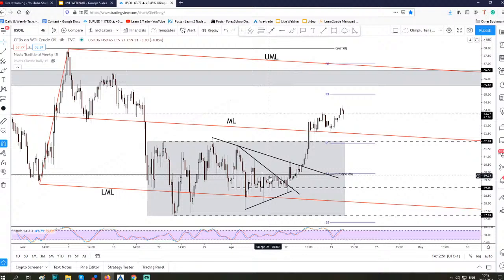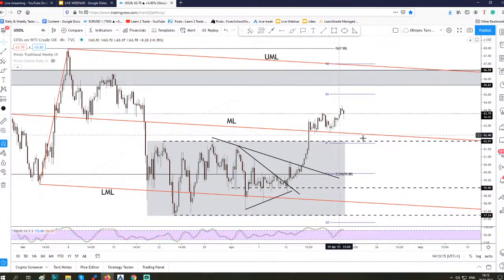But here, this breakout above this minor downtrend line signaled that we may have a further increase. It has escaped from this range. It has jumped right above the medium line. It has retested the medium line, so validating the upside breakout.